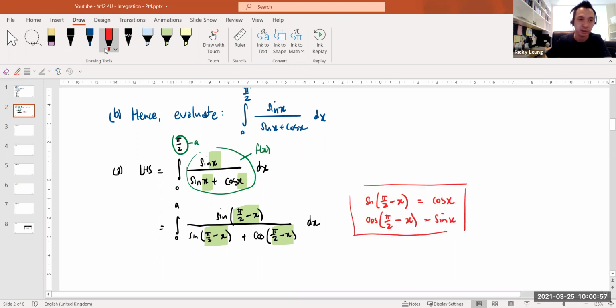So I'm going to use that symmetry to say that this is cos, this is cos, and that's sine as well. So the top is cos, over cos plus sine, dx, which is exactly what I want because that's the right-hand side.